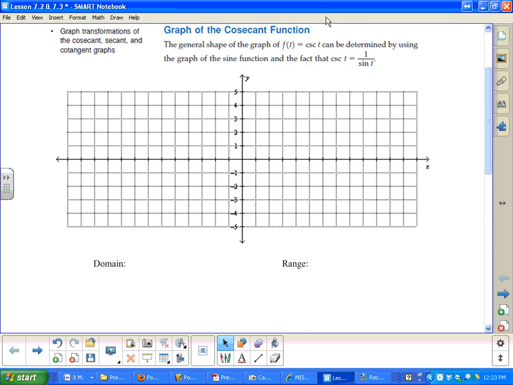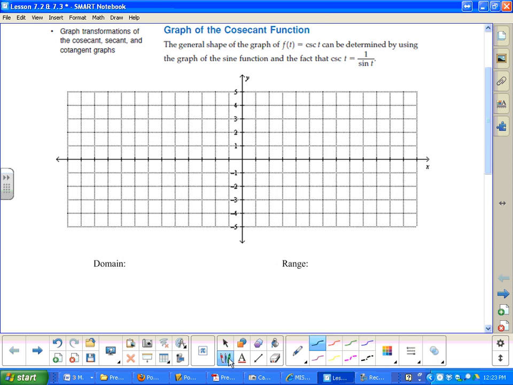So, in making the graphs of these functions, first of all, a reminder that cosecant is the reciprocal of sine. So the first thing we want to do is make the graph of sine.